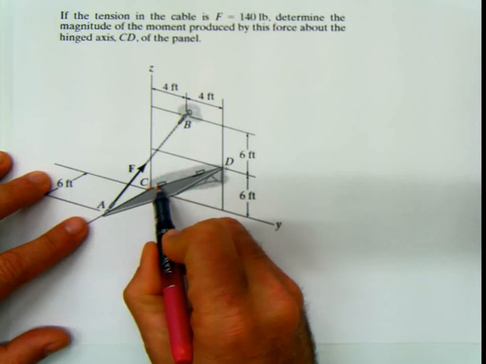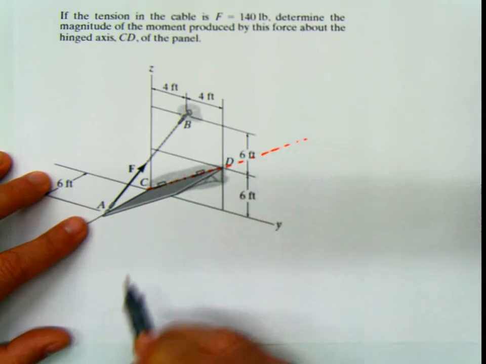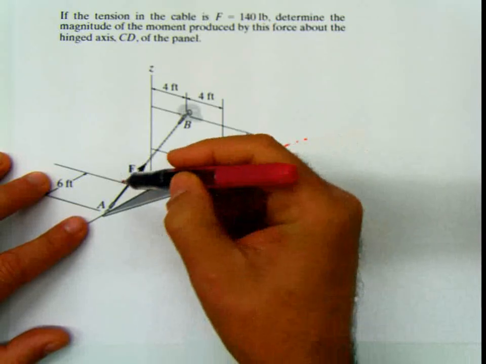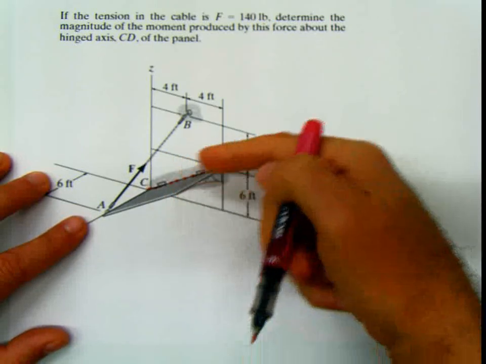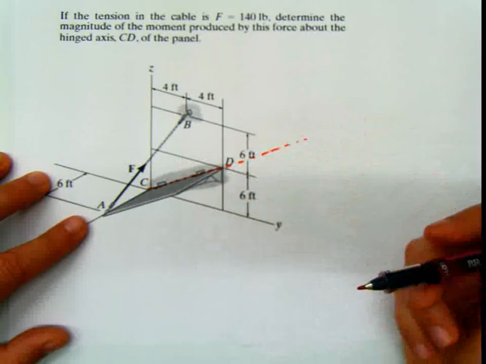What axis? This axis here. That axis. So that means that we have to calculate the rotation that that force is producing or is causing to this element around that axis.